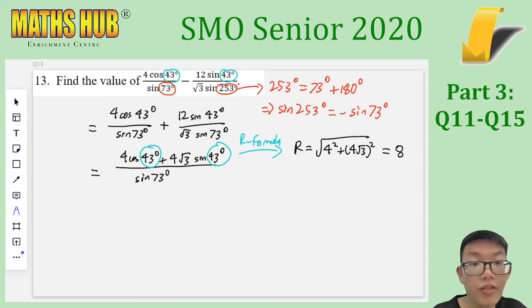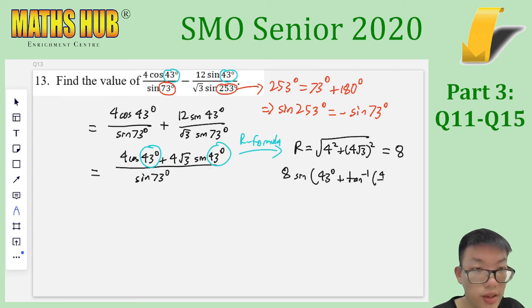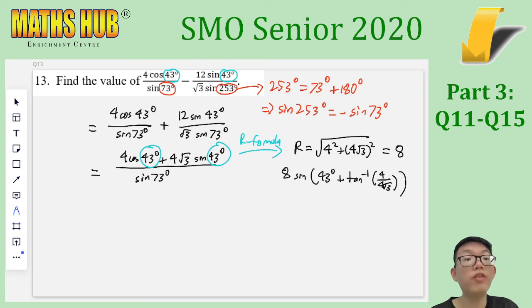And so we can therefore write this as 8 times sine of 43 degrees plus the tangent inverse of 4 over 4 root 3. And 4 over 4 root 3 is 1 over square root 3.